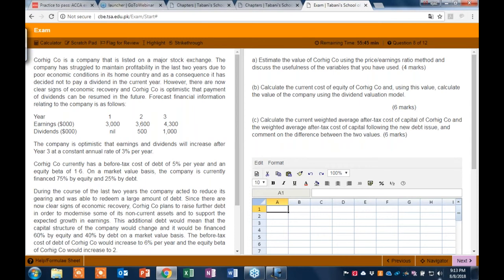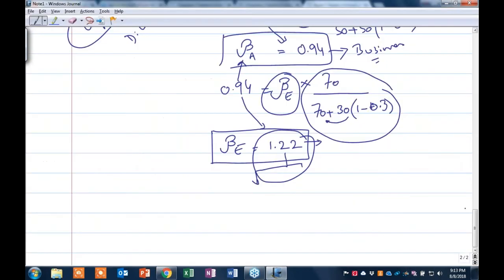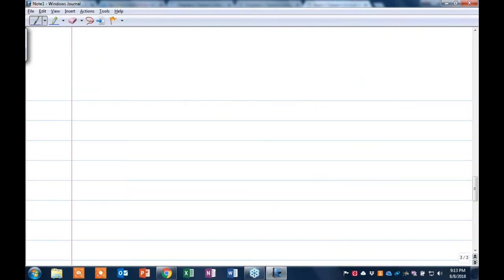Before I can actually go and solve this question, let's first discuss why do we need to value a company and what is actually valuation of a company. It's very simple. If you want to buy a cell phone, you need to have a value in your mind before you can actually buy that cell phone.